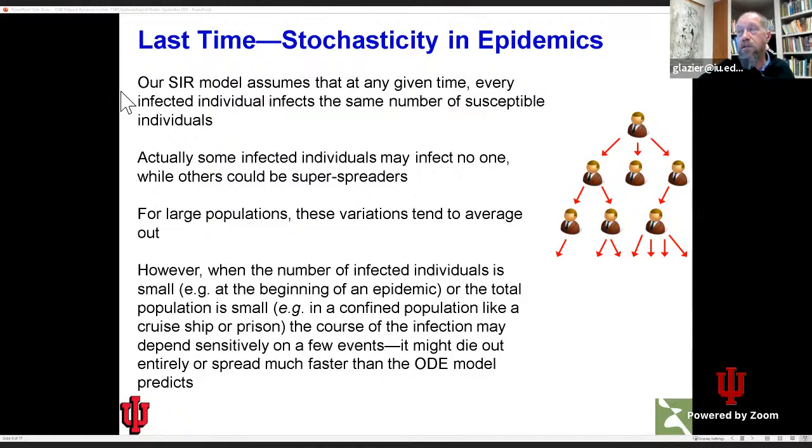You have an infected individual who infects 3 people. One of those people infects nobody. One of them infects 1 person, 1 infects 2 people. Those 3 people who've been infected, 1 infects 1 person, 1 infects 2, and 1 infects 4. And so you get then what are called chains of infection.